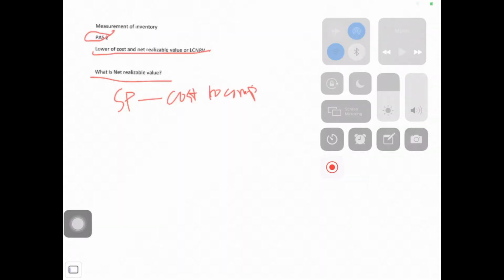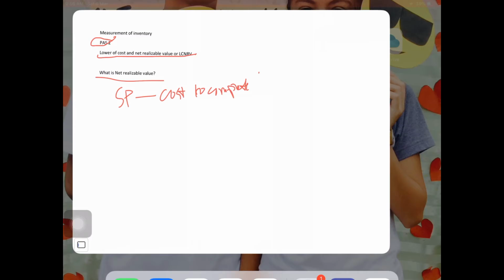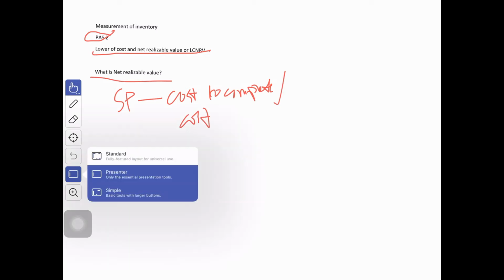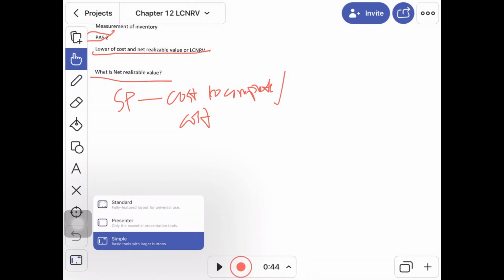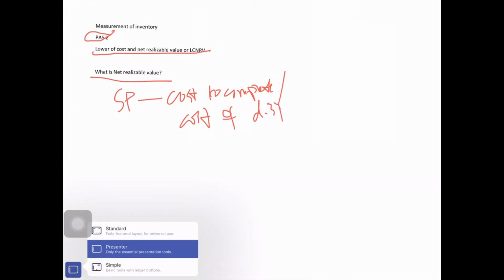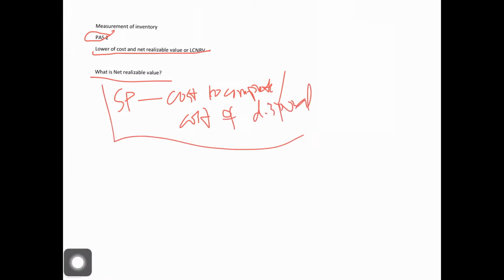NRV is the selling price of the inventory less cost to complete or cost of disposal. Simply, how much it would sell for if you resold your inventory, guys, that is NRV.